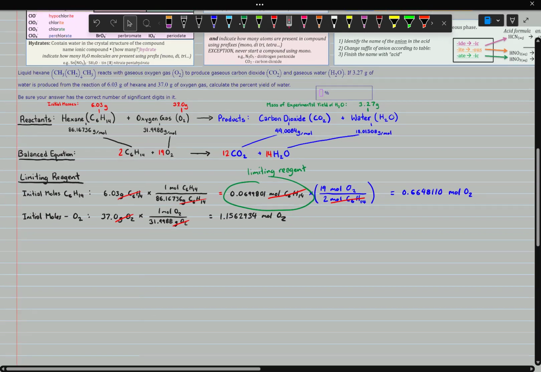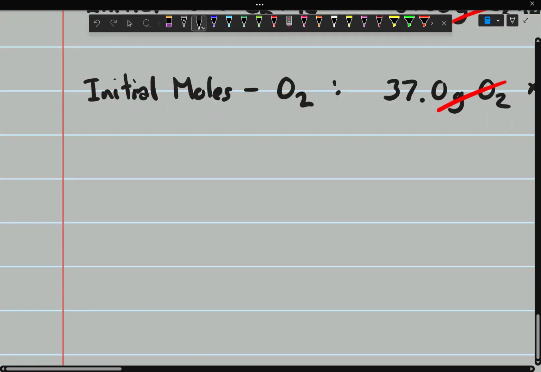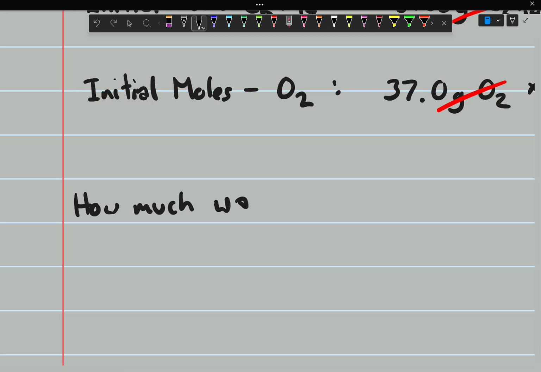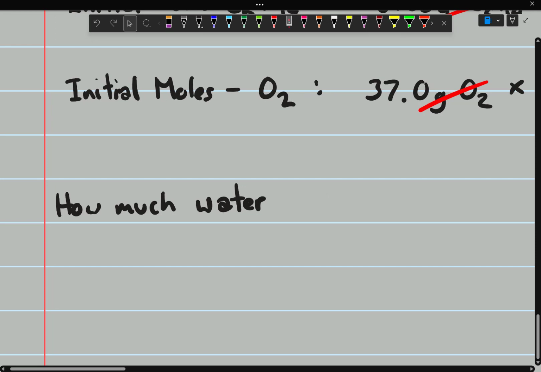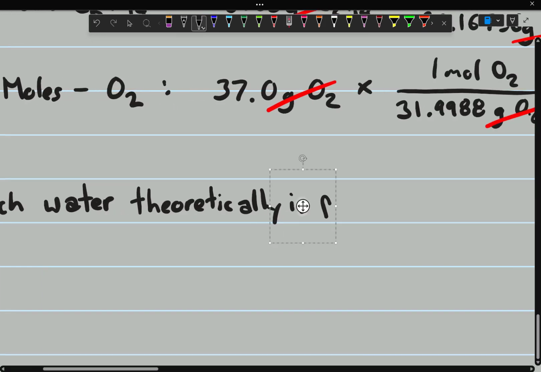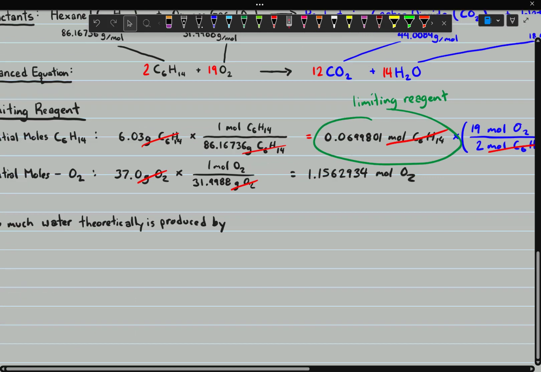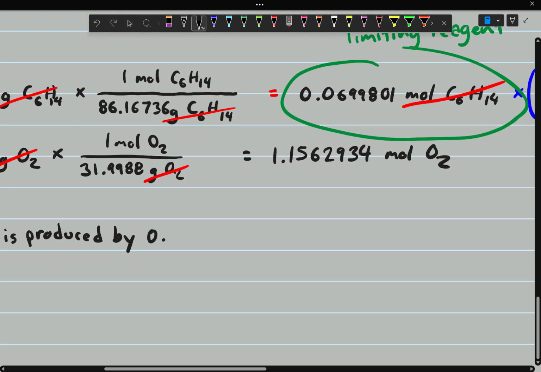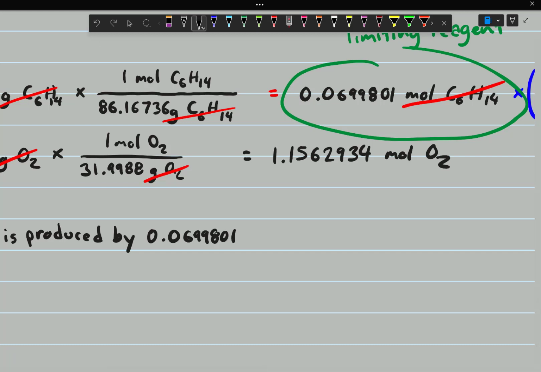So now that we have our limiting reagent, we need to ask ourselves, how much water, being the thing that we're calculating the percent yield of, is theoretically produced by our limiting reagent, which is 0.0699801 moles of hexane.